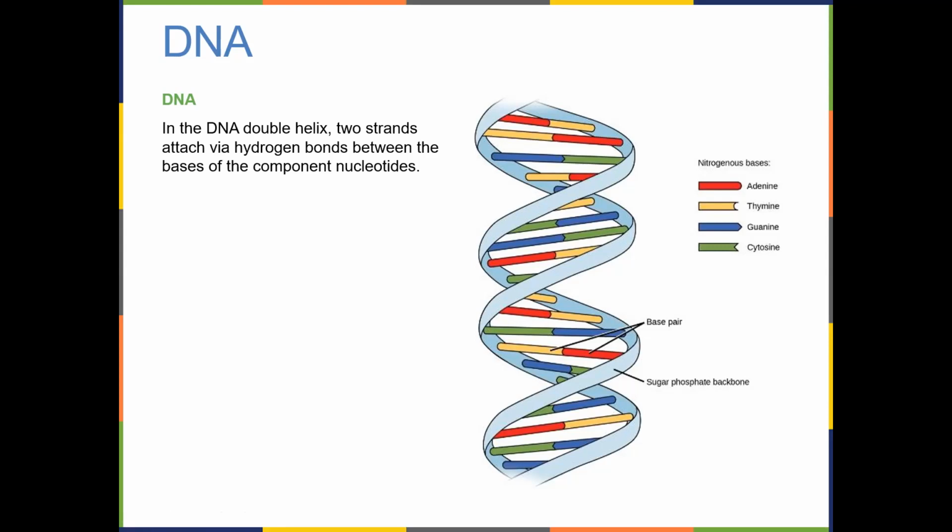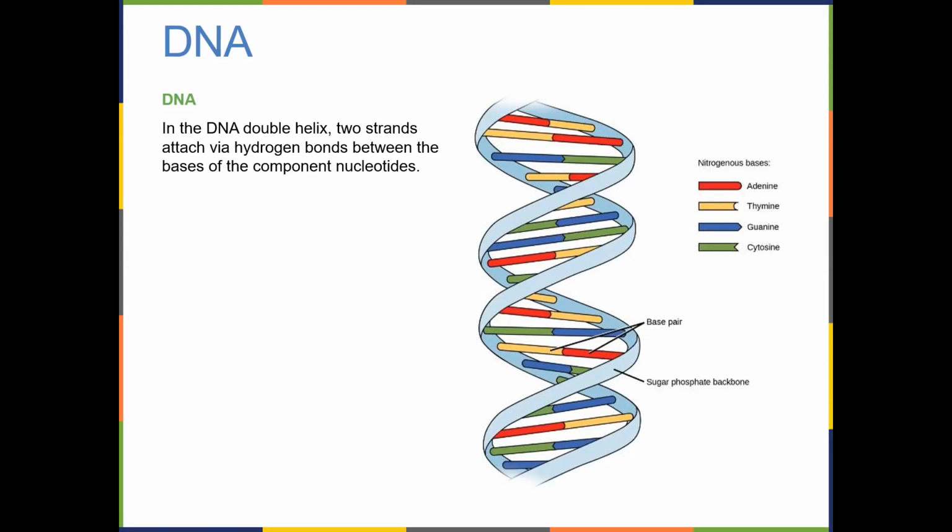The two strands of the DNA molecule, it's a double strand, are held together by hydrogen bonds that occur between the bases. So when we say adenine binds to thymine, it's because a series of hydrogen bonds occur from the adenine to the thymine and the thymine to the adenine. This is the complementary base pairing.